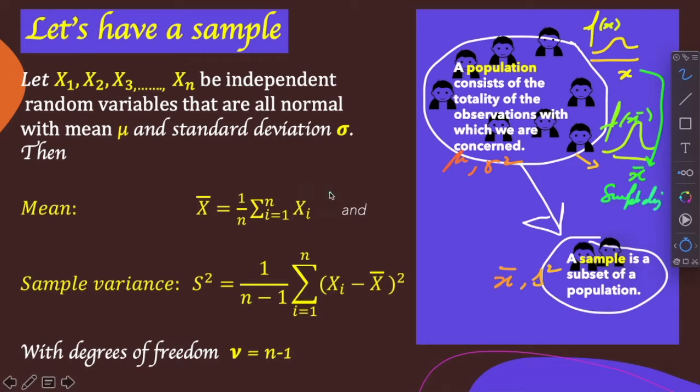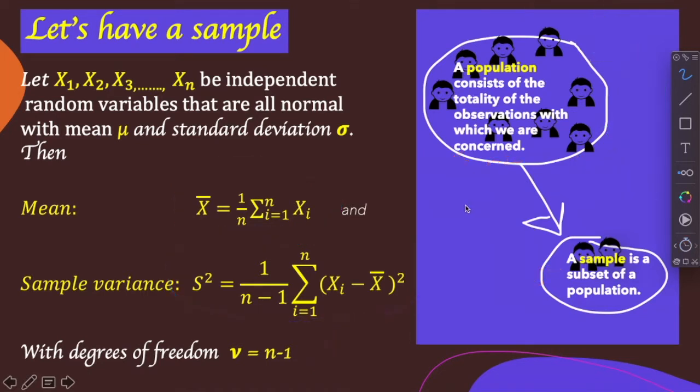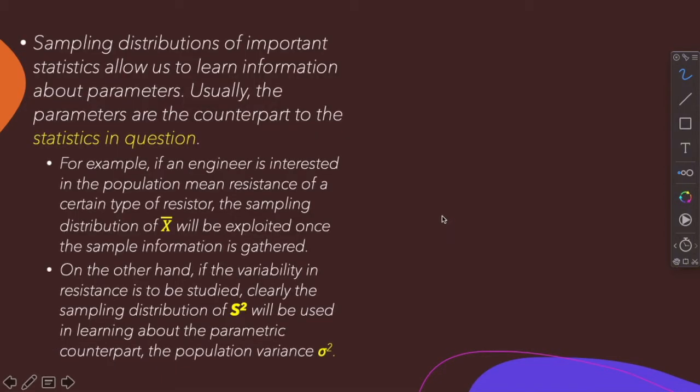So the sample is giving us the properties mean as x bar and variance as s square, where n minus 1 is called the degrees of freedom. As per the number of groups of samples, the degrees of freedom is this. So there is one group of samples, so n minus 1 is the degrees of freedom. In this case, we are going to apply the T distribution and chi-square distribution.